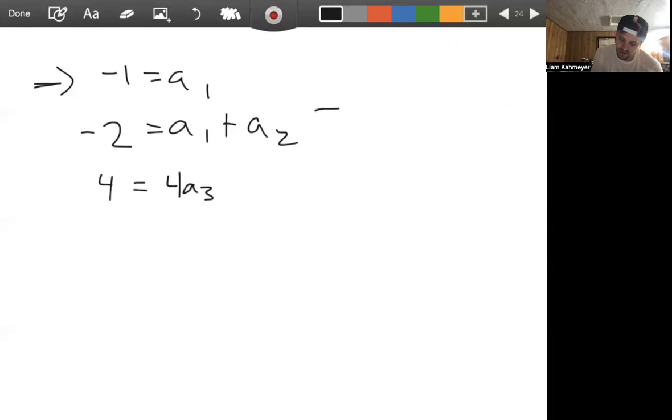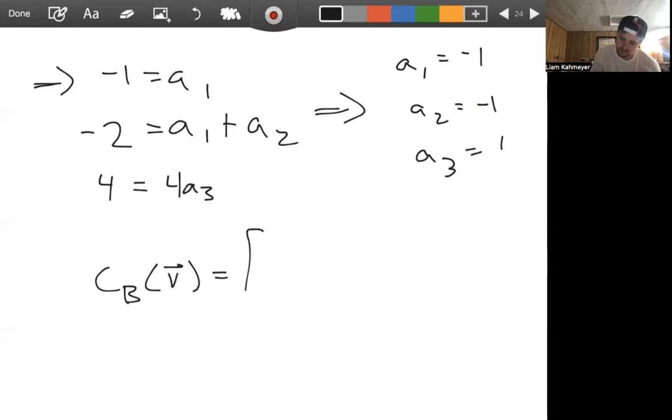So we have that a1 is equal to -1, a2 is going to be equal to -1, and then a3 is equal to 1. And so for the third basis, CB of v is equal to the vector -1, -1, 1.